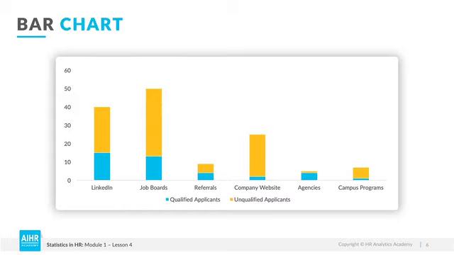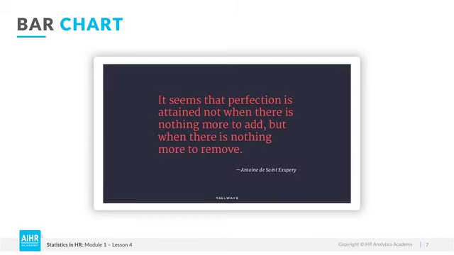It's a great way to add more information to your charts, but I would be cautious with this. With visuals, there's always one key rule: more is not always better. In the words of Antoine de Saint-Exupéry, perfection is attained not when there is nothing more to add, but when there is nothing more to remove.